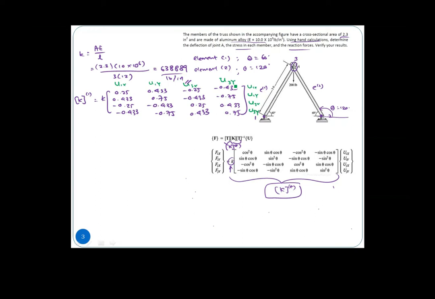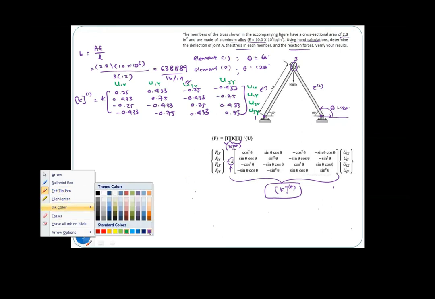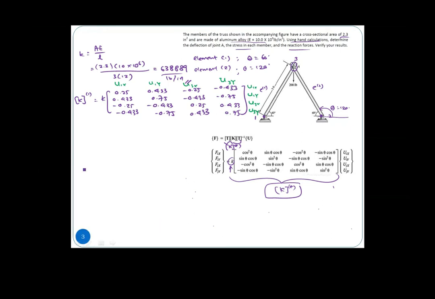Then for number 2, the same: k2 with theta equals 120 degrees. This is theta equals 60 degrees for element number 1.